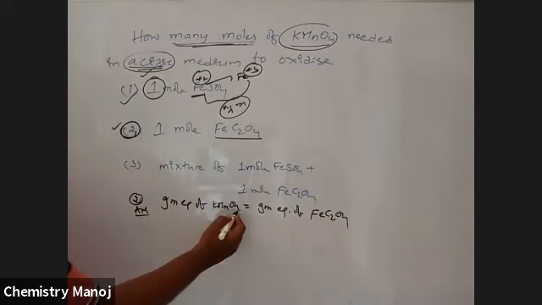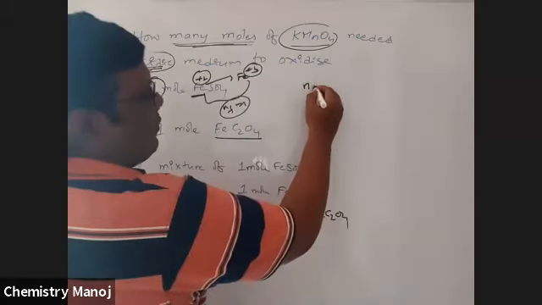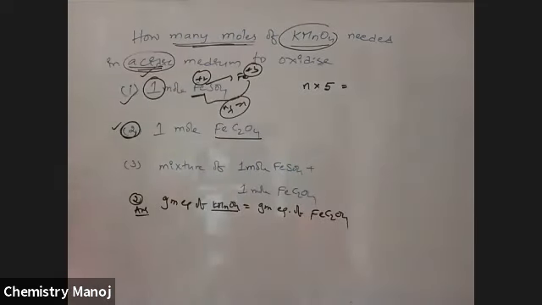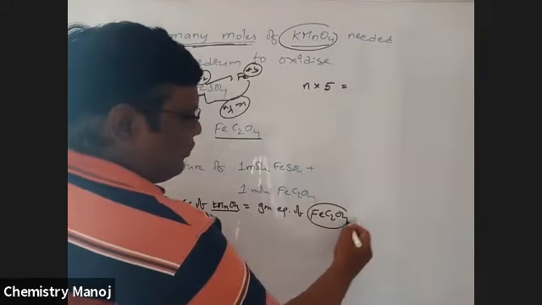Already you know KMnO4 in acidic medium has n factor 5. So the number of moles of KMnO4 into 5 is equal to gram equivalence of FeC2O4.